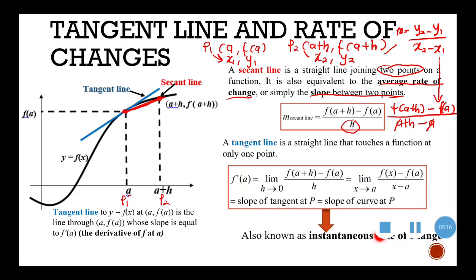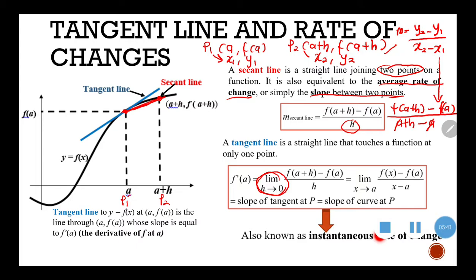So for tangent line, the tangent line uses basically the same equation except with the addition of the limit function. Okay, the equation for tangent line is the same as secant line, but with the addition of the limit function here.